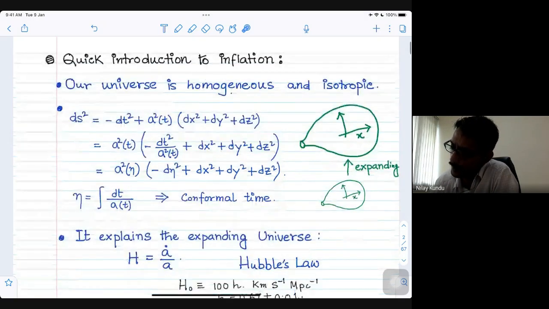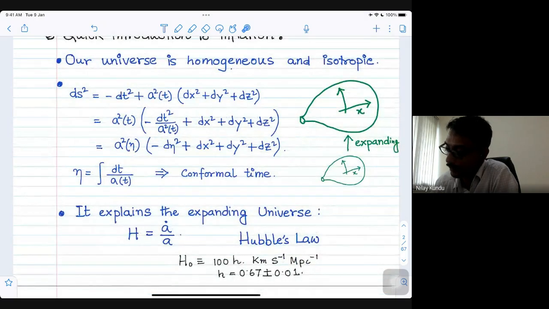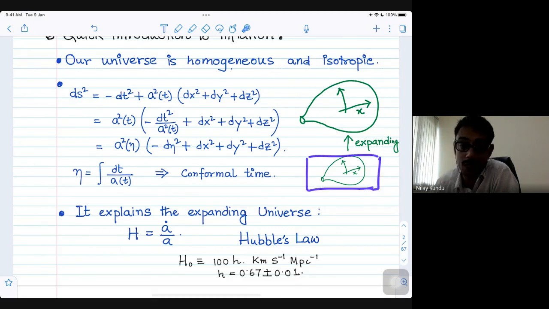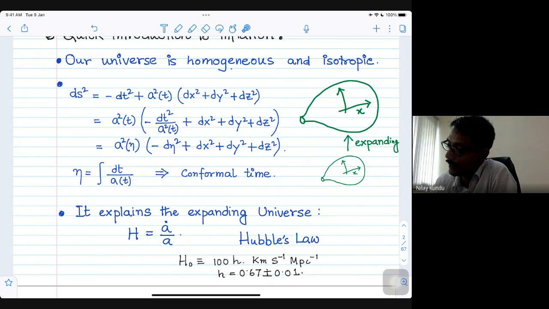This metric also explains that our universe is expanding, and that expansion is measured by a parameter called the Hubble parameter, which is the derivative of the scale factor divided by the scale factor. We should understand it as a balloon which is being expanded, with coordinates drawn on the surface of that balloon.